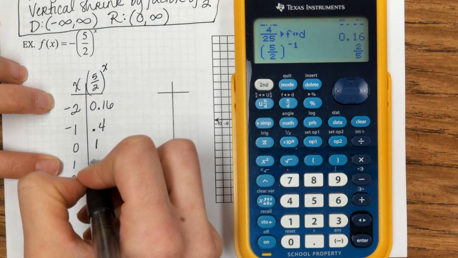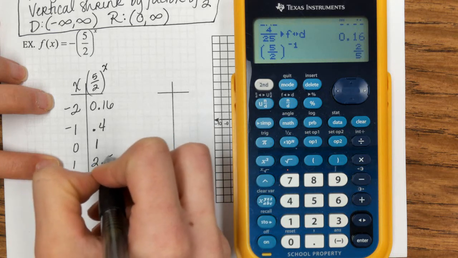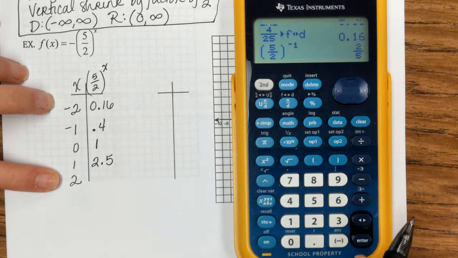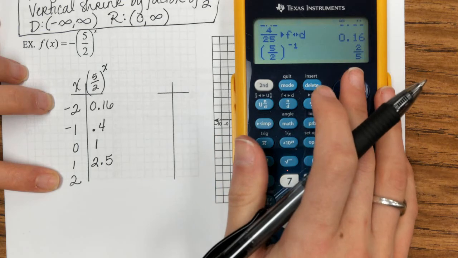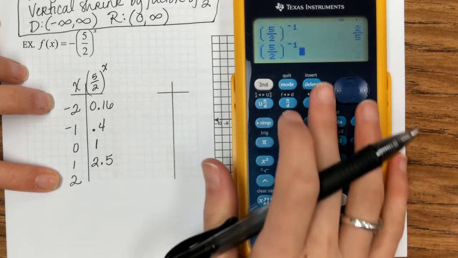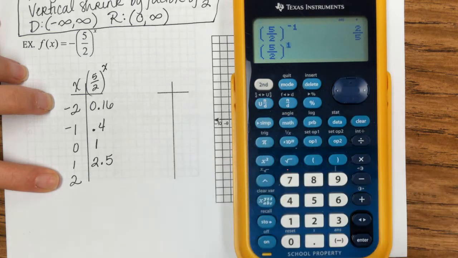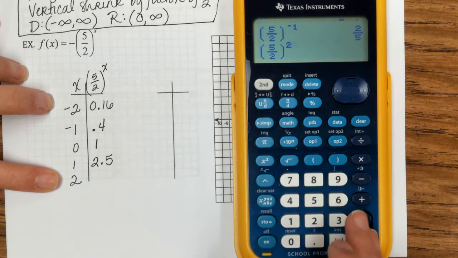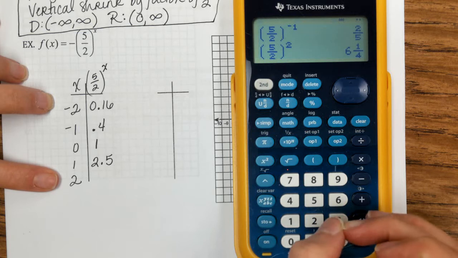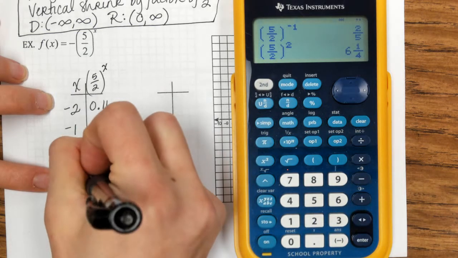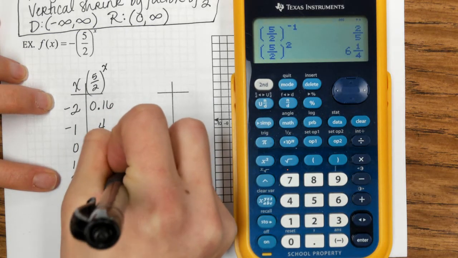As a decimal, which is what? Yep. And then 5/2 to the second power. Again, if you want to leave it as a fraction, that's fine. But when you're graphing that, you might want to know where that's going to end up. So that's going to be 6 1/4, so that's just 6.25.